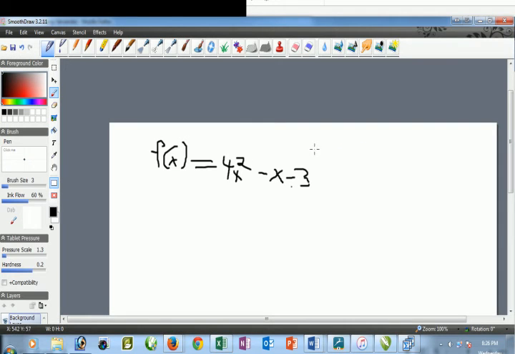So my x should be -1, and the 2 should be on the graph.